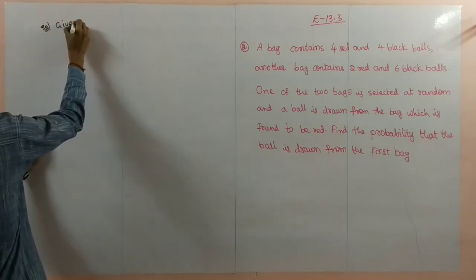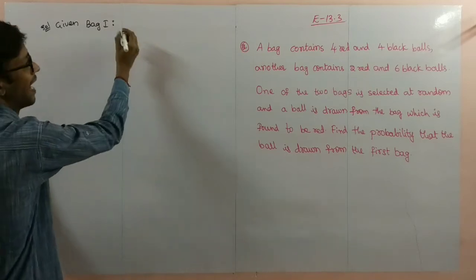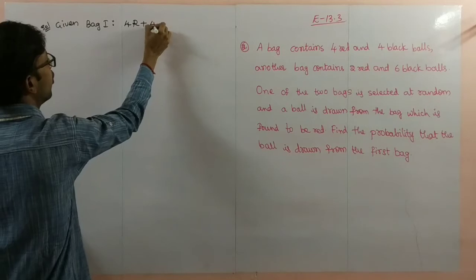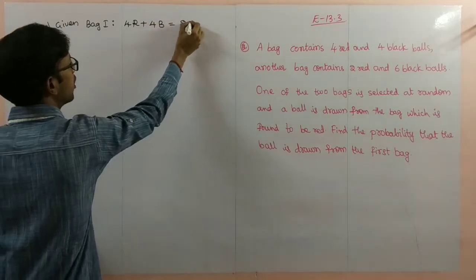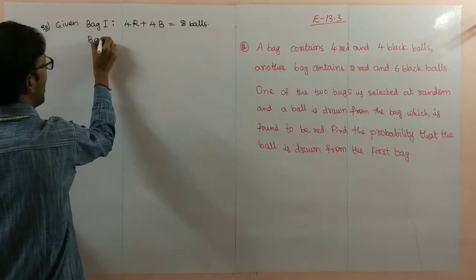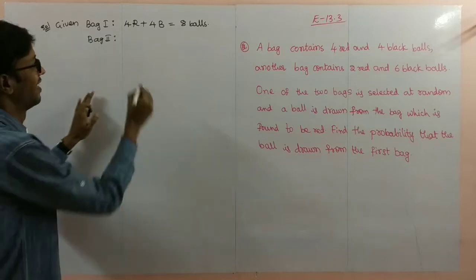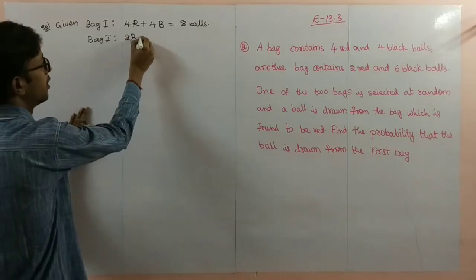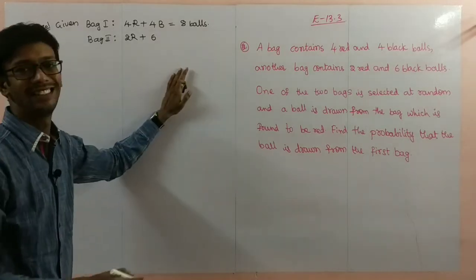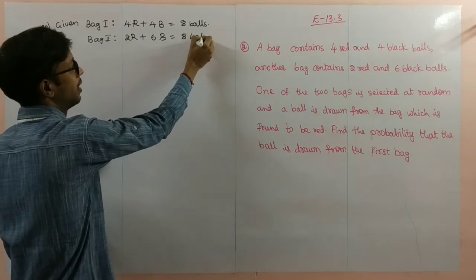Given, bag 1 contains 4 red balls plus 4 black balls is equal to 8 balls. Next, another bag I am naming as bag 2. Bag 2 contains 2 red balls and 6 black balls. That is also same, 8 balls.